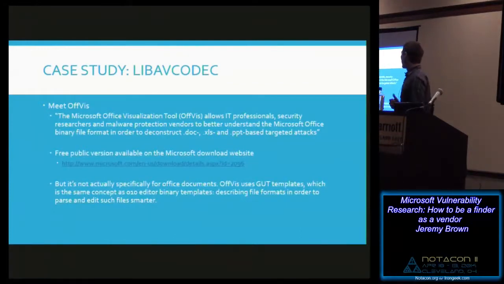You don't really know what's going on unless you apply some kind of structure to it. So it can apply these templates that tell you what the values actually mean in the file format. There's a free version, so feel free to download it and try it out. Like I said, it's not specifically for Office documents. It uses GUT templates, which just describe a file format. So you can apply a GUT template to the file, which makes parsing much easier and lets you understand what value actually changed according to the specification.